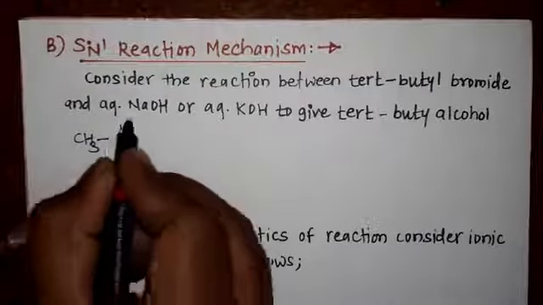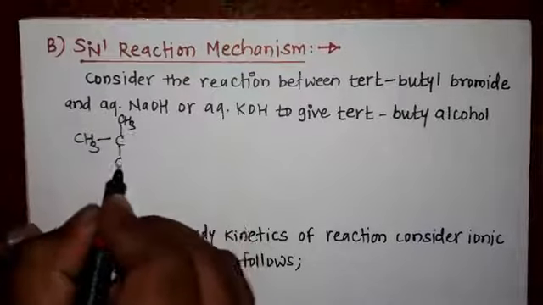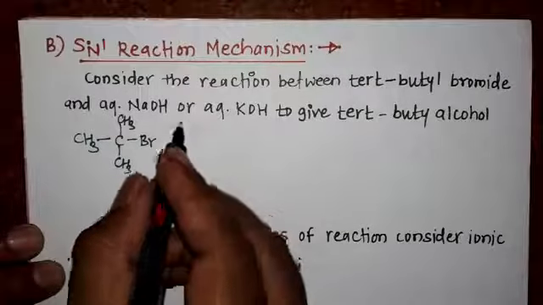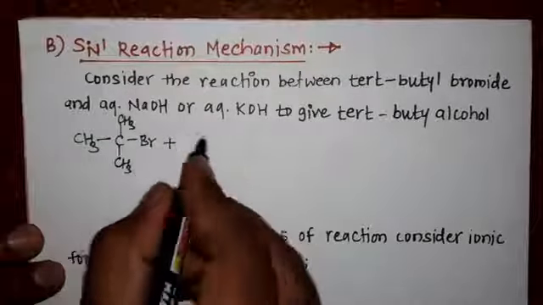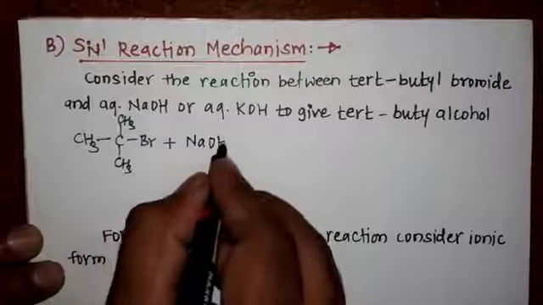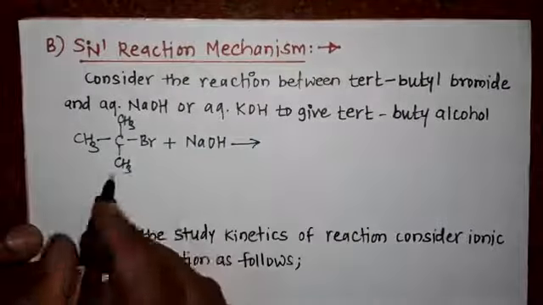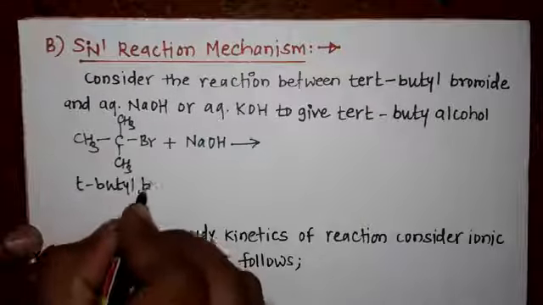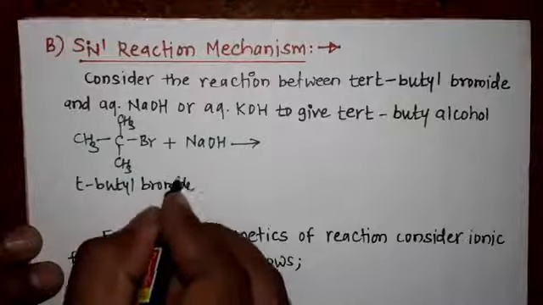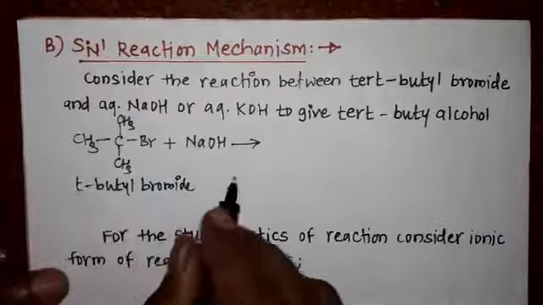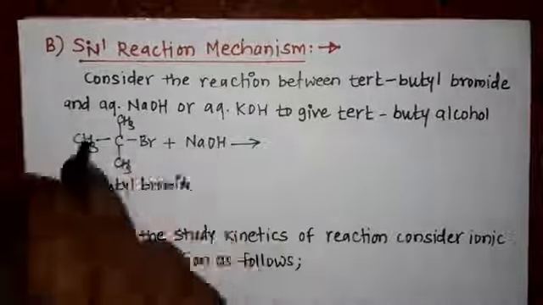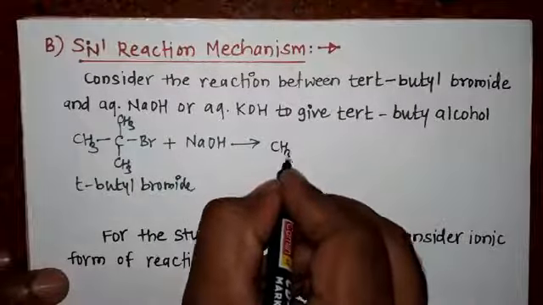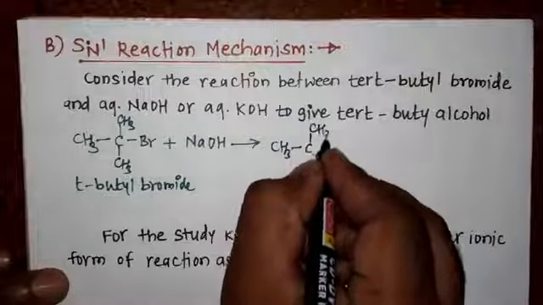We react tertiary butyl bromide with aqueous NaOH or KOH. This is tertiary butyl bromide, this is NaOH or KOH, and both react with each other and form tertiary butyl alcohol as a product.